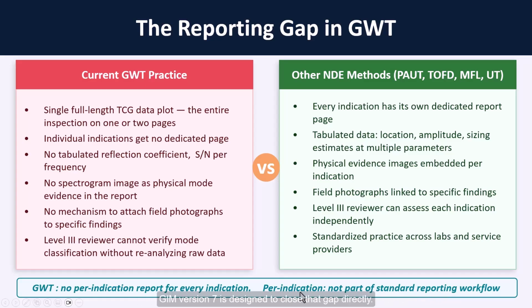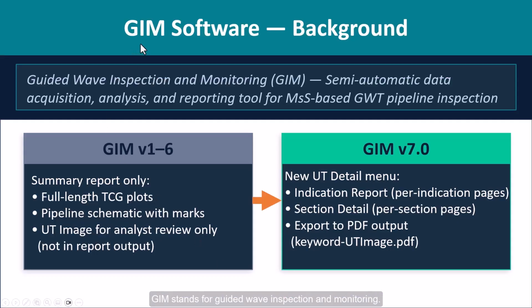GIM version 7 is designed to close that gap directly. GIM stands for GuideWave Inspection and Monitoring. It is a semi-automatic data acquisition, analysis, and reporting tool developed for use with the MSS GuideWave system.